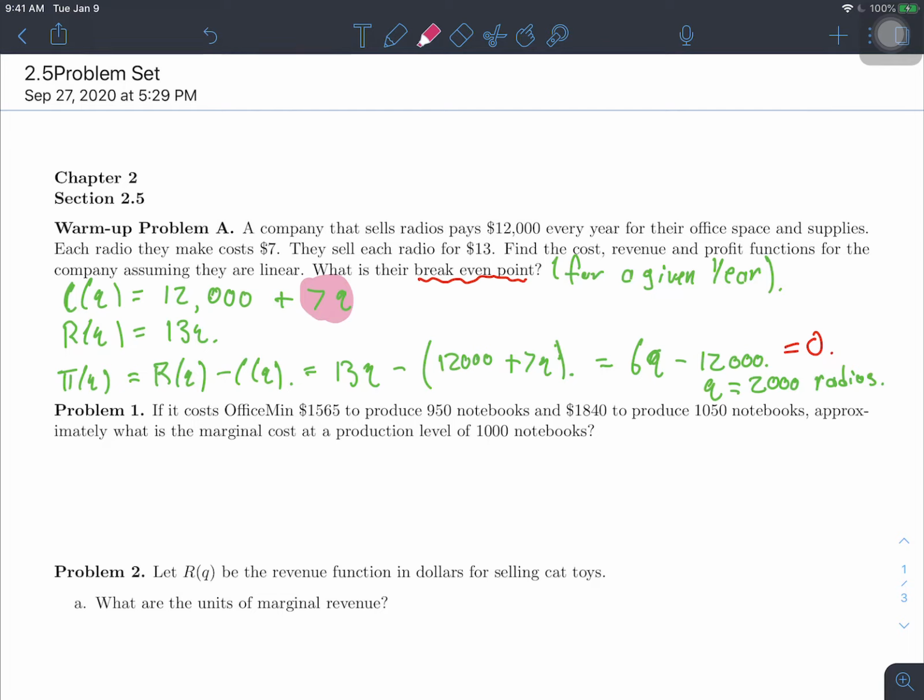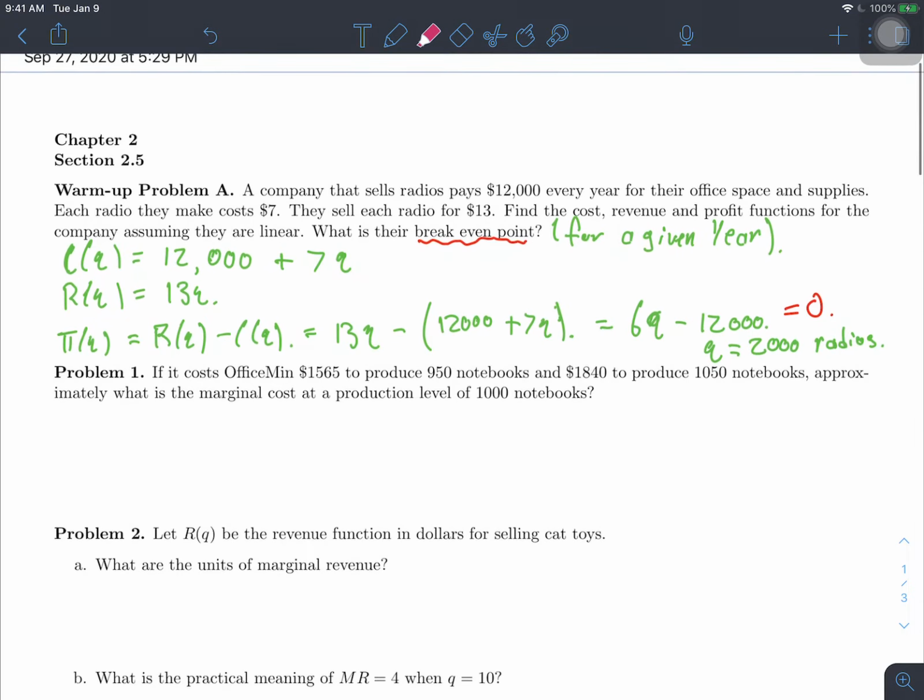But the cost function should be a linear function which depends on the quantity of goods produced. That's why we have this Q here. It's very important that we attach this variable to our cost function. Any questions about the warm-up problem?